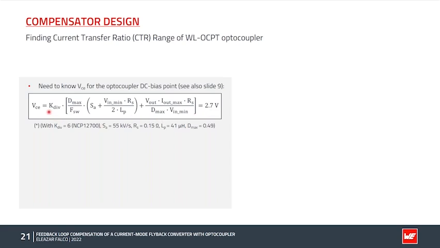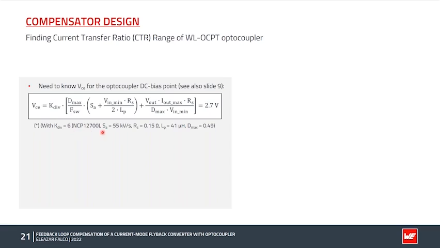A bit of clarification about the terms of this formula. This KDIV term, which is 6, is simply the ratio of the resistive divider RD1 and RD2, which we showed in the previous slide, which is inside of the NCP12700. In this case, it is 6.